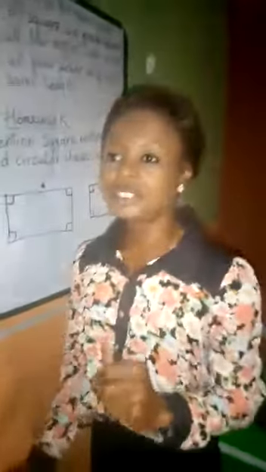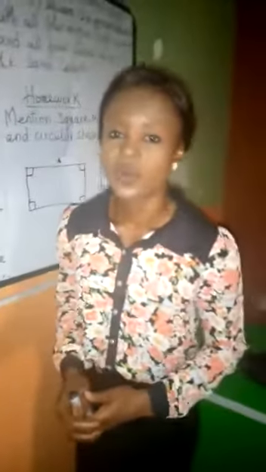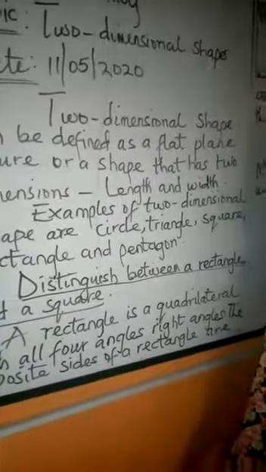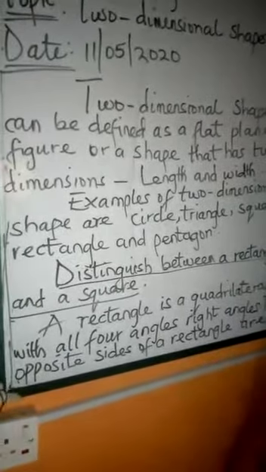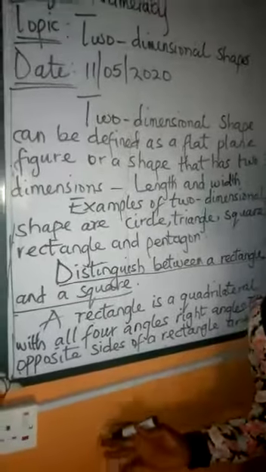Okay, children, I want to evaluate you on the teaching so far. What do you understand by two-dimensional shapes? What are two-dimensional shapes? Can I hear you define it? Okay, that's very good. Give me examples of two-dimensional shapes.